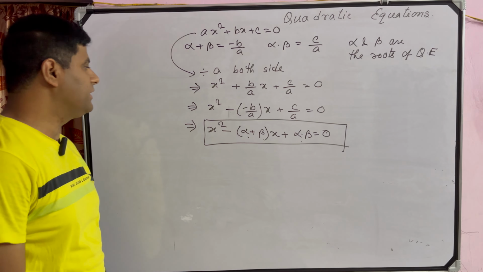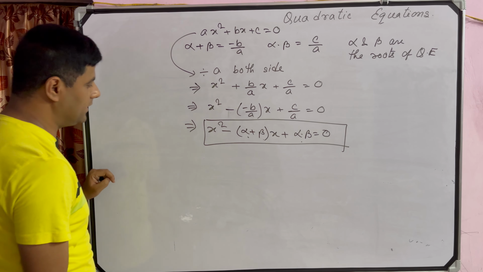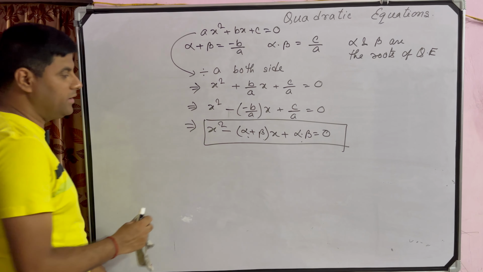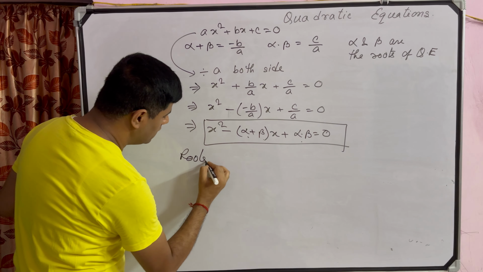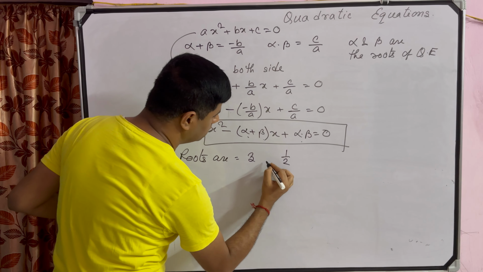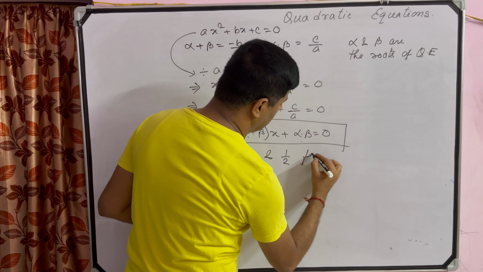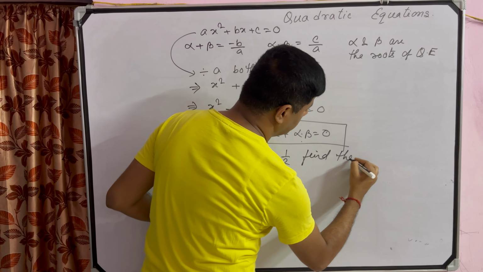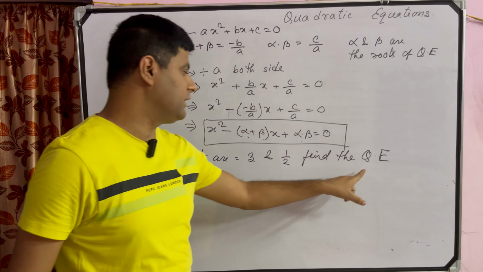Suppose there is a question where the roots are given, for example the roots are 3 and 1 by 2, and they are asking you to find the quadratic equation. This means actually the answer is given and I'm finding the question.